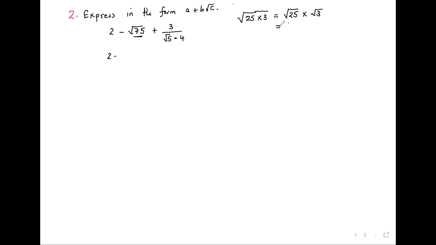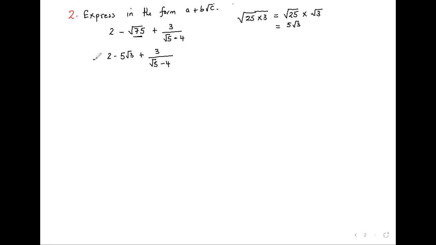That is 5 root 3. So now we have 2 minus 5 root 3 plus 3 over root 5 minus 4. So they are different. There's root 3, there's root 5. So our main job is to make sure that in the denominator, there's no root.